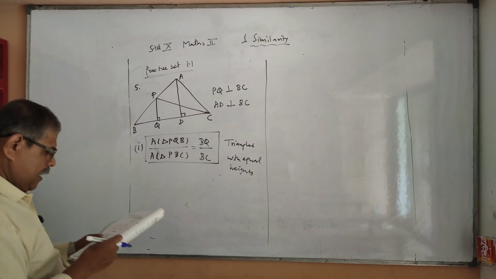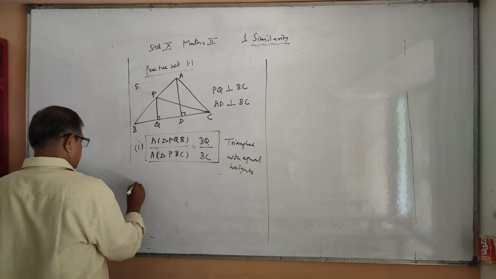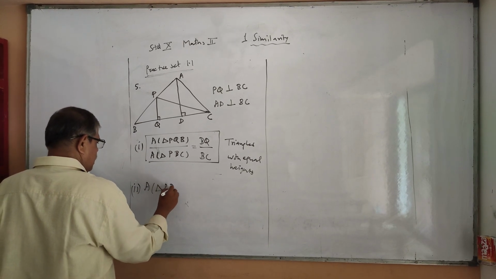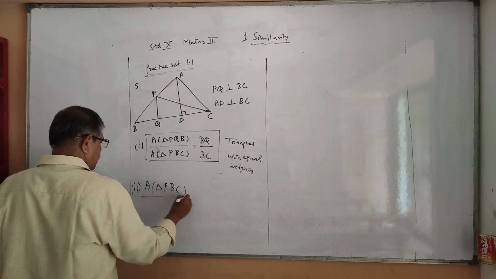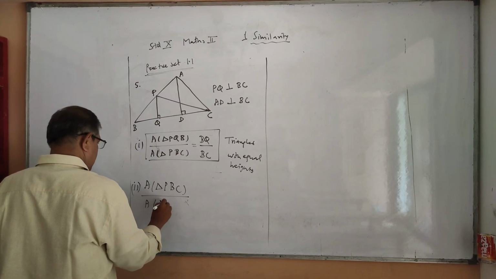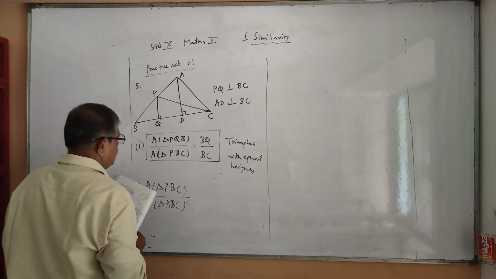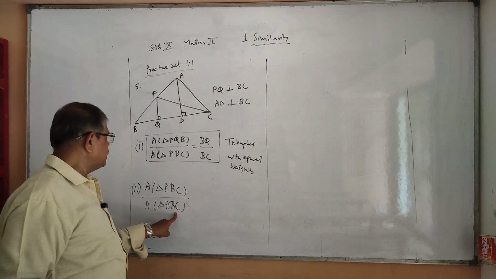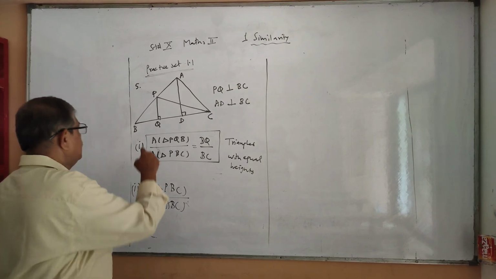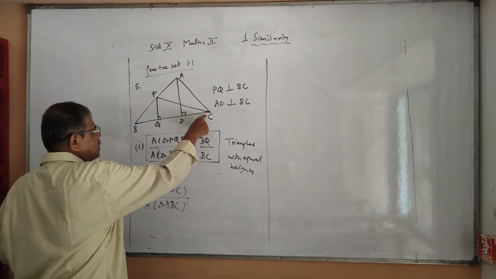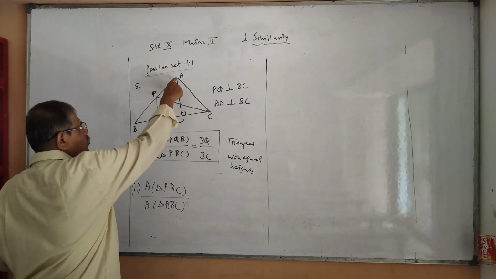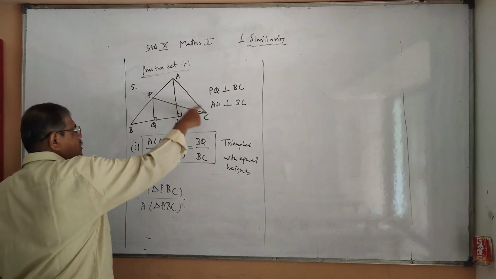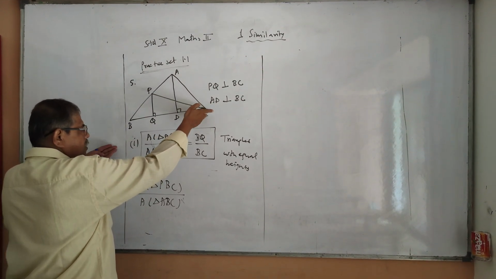Next they ask area of triangle PBC upon area of triangle ABC. So your observation is important. Now again, if you observe the name, what is the name here? BC, here also BC. That means the triangles are PBC and ABC. Put your finger on the triangle in the exam, on your question paper. So base BC is common.